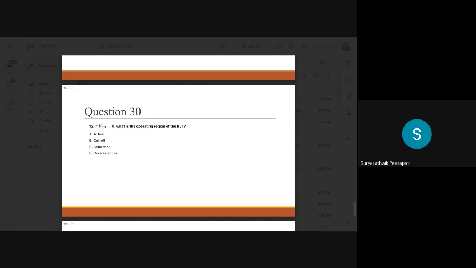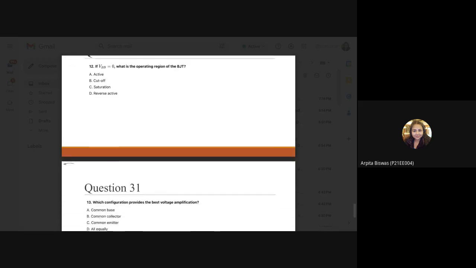Already, I think we have discussed the formula for the cutoff region. If it is less than 0.7, right? I think we discussed it in the second question. If it is less than 0.7, then it is in the cutoff region. So if VBB is 0, then it is in the cutoff region. Option B is the right option.